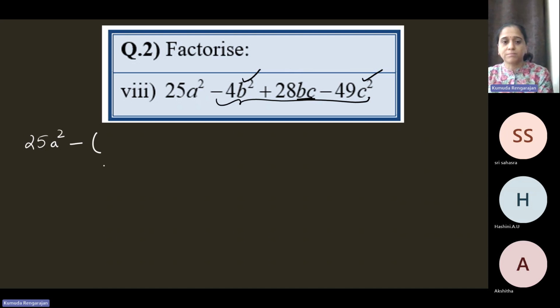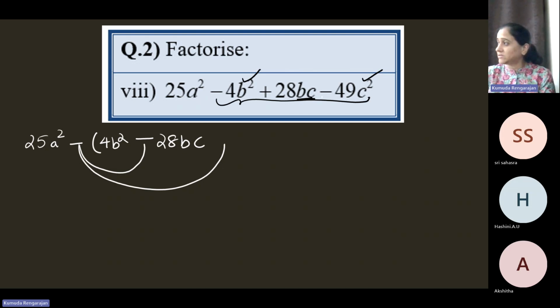Open a bracket. So minus into what is plus? You should get plus 28bc. Minus into minus is plus 28bc. Now minus into what is minus? Plus is minus 49c squared.